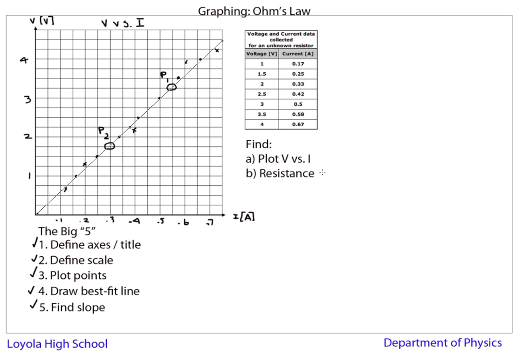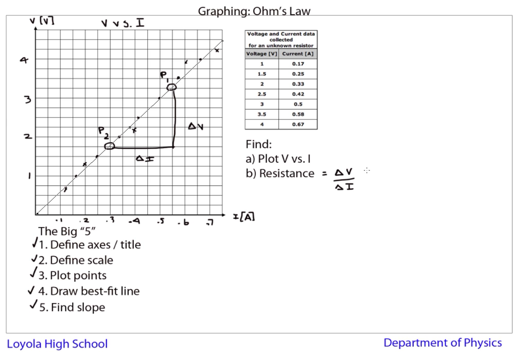And so this resistance is where I'm at now. It's going to be the rise over the run, which is the slope in math class. The rise is this distance here, and the run is this distance here. This is the change in voltage, delta V, and this is the change in current.